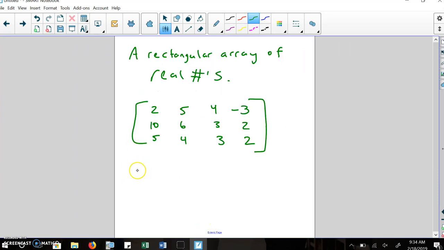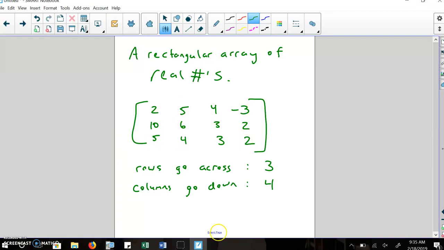A couple things to keep in mind on a matrix: rows go across. Okay, columns go down. Okay, so as we see here, this one has 3 rows because it has 3 different pieces that are going across, and then this one has 4 columns because it has 4 different columns of information going down.